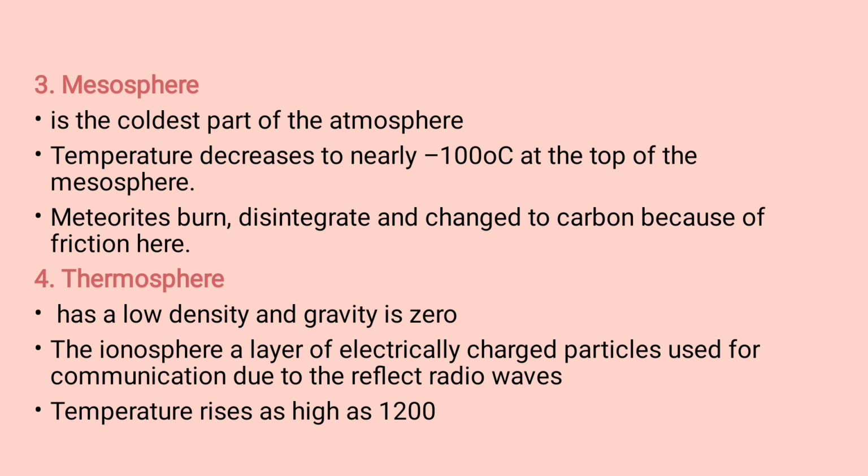The mesosphere is the atmospheric layer with the coldest part of the atmosphere. It is the coldest part of the atmosphere. Temperature decreases to nearly negative 100 degrees Celsius at the top of the mesosphere. Also, in this layer, meteorites burn, disintegrate, and change into carbon.